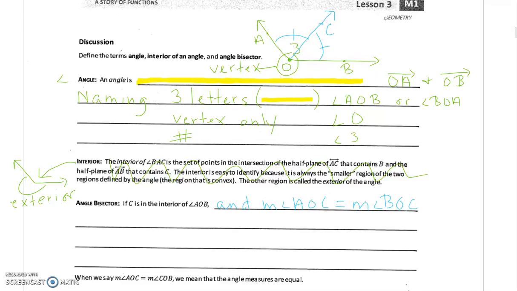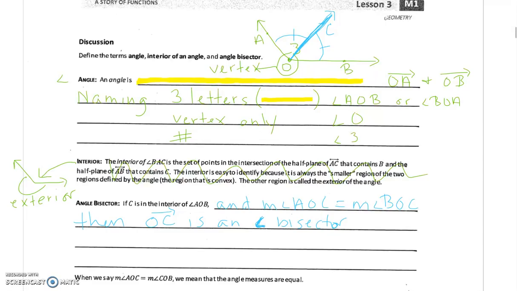If these two angles are the same, then this ray right here, this ray OC, is an angle bisector. Okay, this symbol, again, y'all are going to see me abbreviate a lot. This symbol means angle. It's an angle bisector.